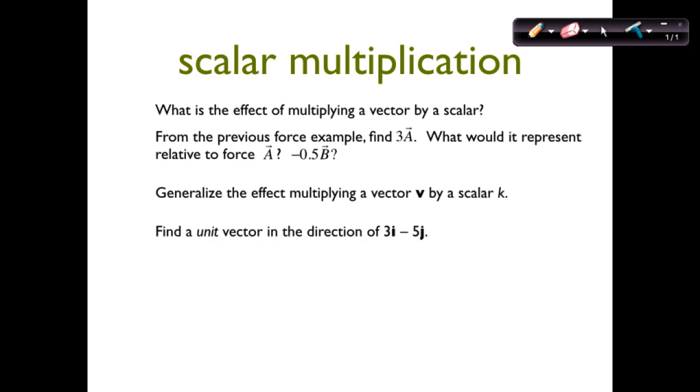All right, so a unit vector is a vector with magnitude 1. We've already seen some unit vectors. What are they? 1, 0 and 0, 1 are very special unit vectors.